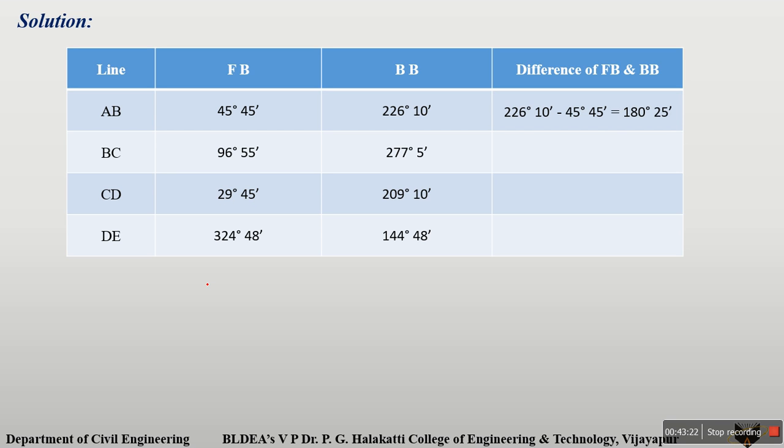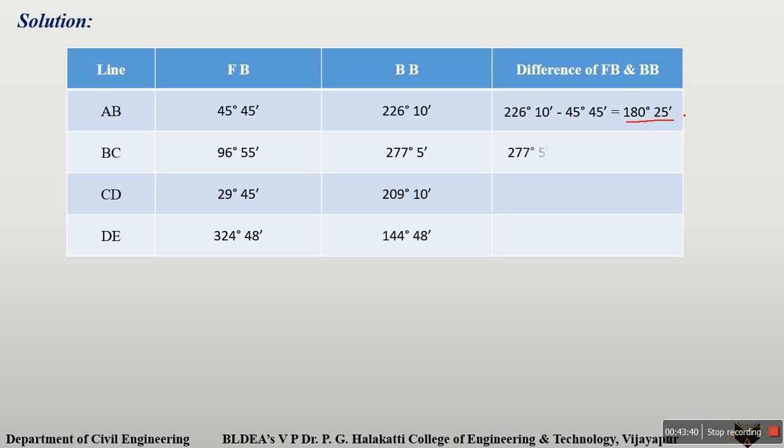So line AB is affected by local attraction, because the difference of the forebearing and back bearing is not exactly 180 degree. It is 180 degree 25 minutes.